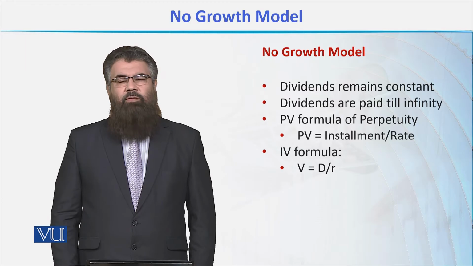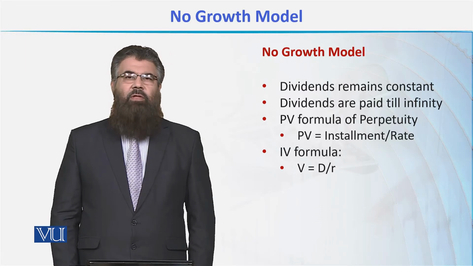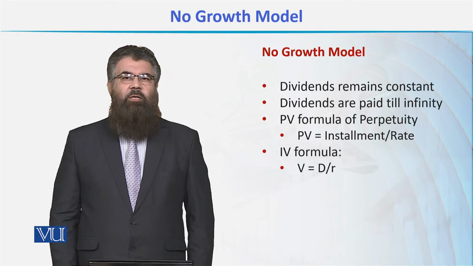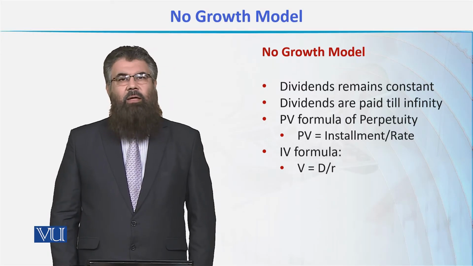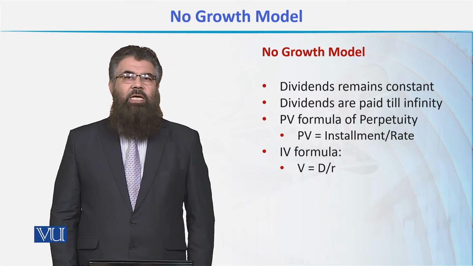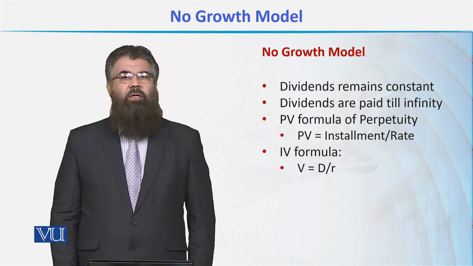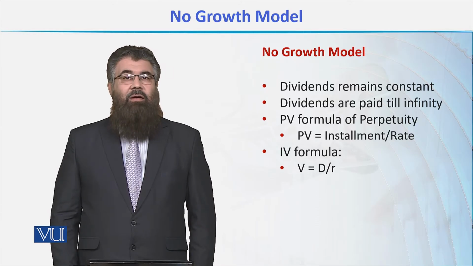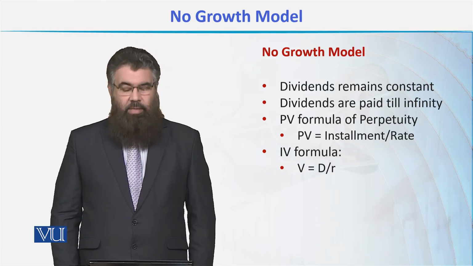So the intrinsic value of common stock with an assumption of no growth will be the present value of perpetuity, which is PV equal to installment over discounting rate. And here this intrinsic value formula will be transformed into V equal to D over R. It is very important to remember that here D is the amount of dividend and R is the required rate of return.